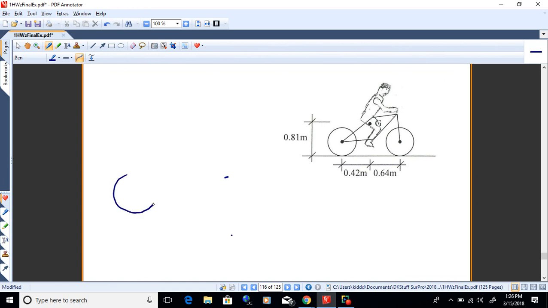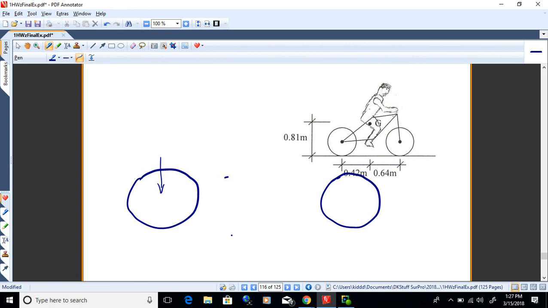So they're circles, kind of. There we go. On the back wheel, we got the normal. Now, you got to be a little careful on that one, but we can get to that later if we got time.